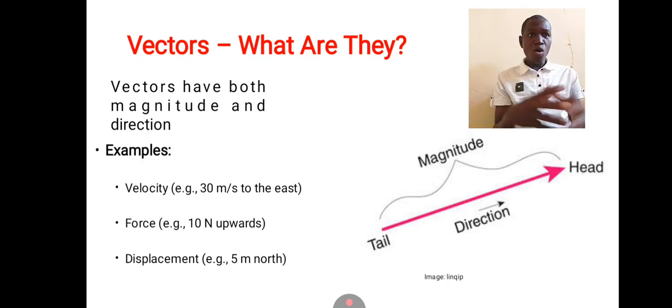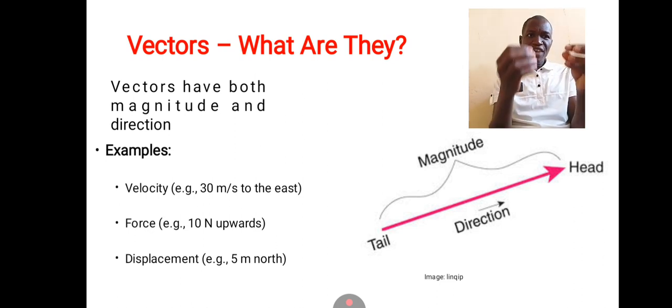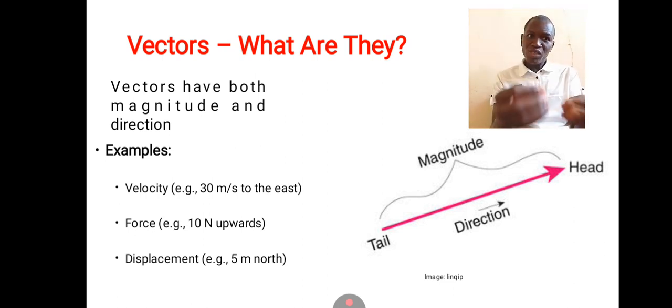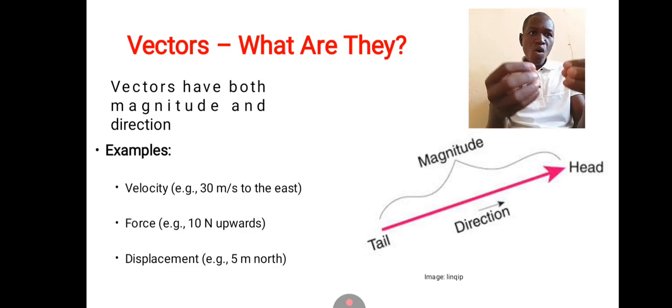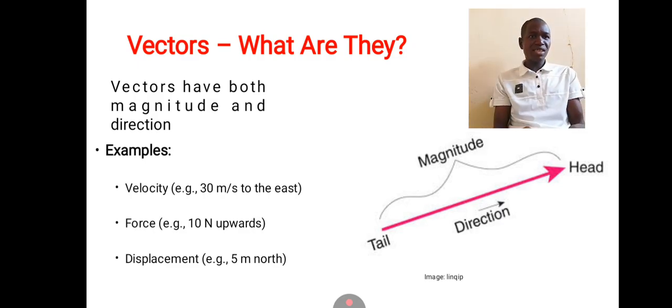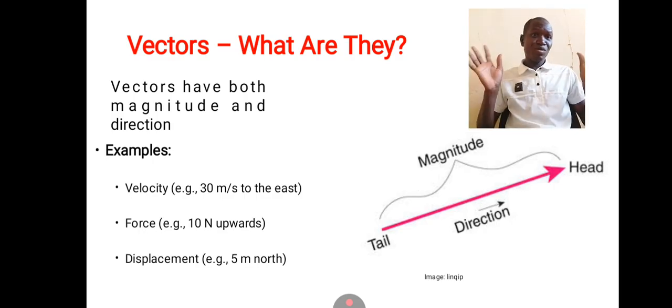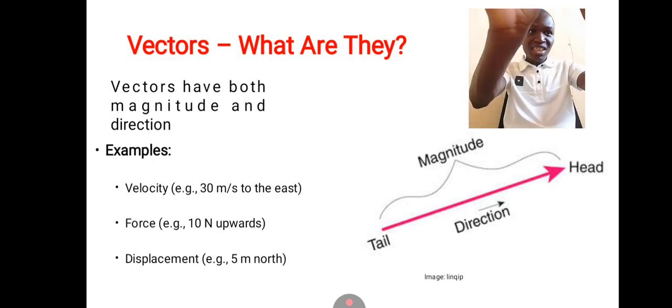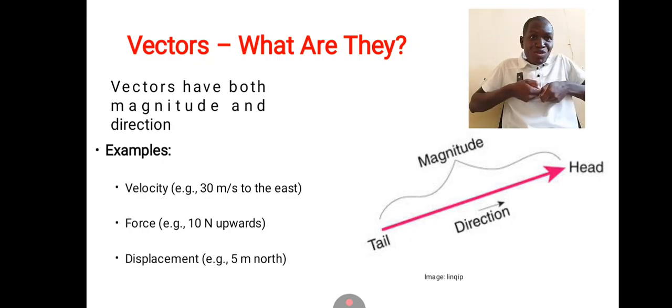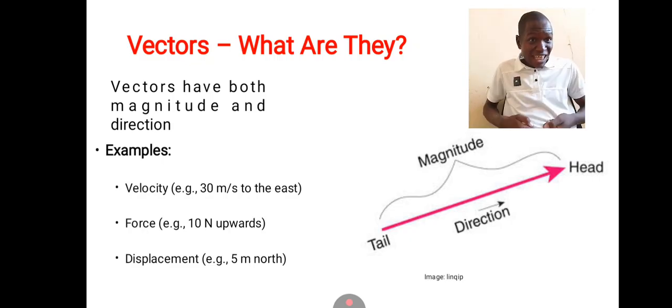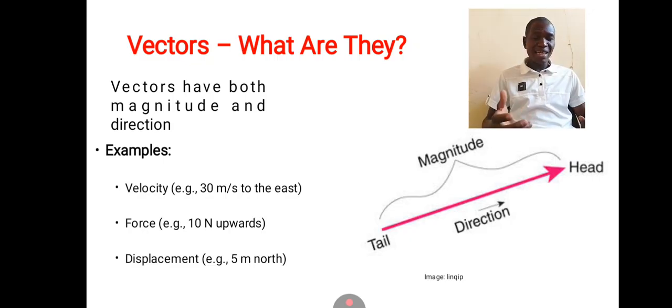Or I would say a force of 30 Newton is acting on an object to the west, upwards, or downward. That's direction. In fact, force always has direction. So if you are pushing or you are pulling, do you see that you are applying force towards a direction? That's what we mean by that.